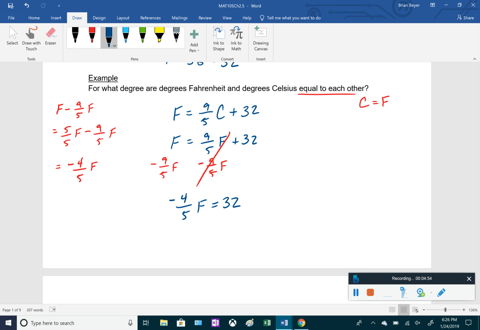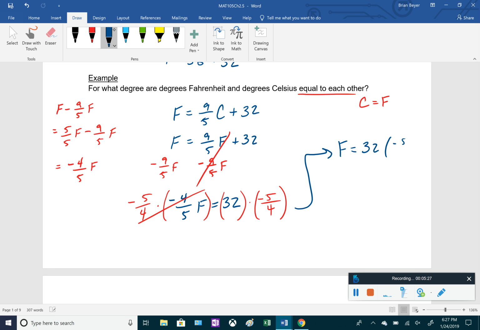So we need to multiply both sides by the reciprocal of -4/5, which is -5/4. Looking pretty messy over here, but those cancel and we're pretty much done. So F equals 32 times -5/4.